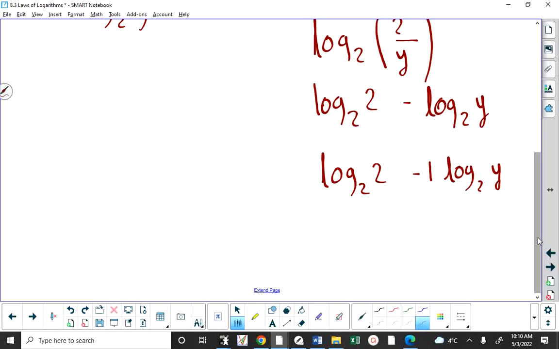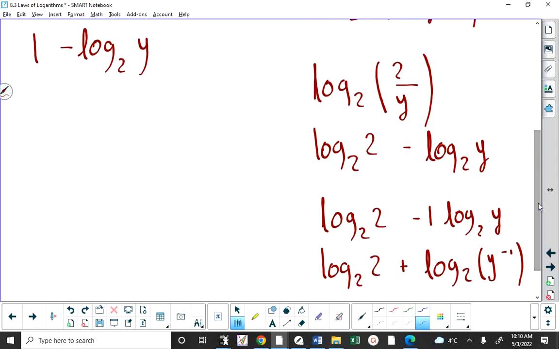I can move that negative 1 in front of that logarithm up and apply it as an exponent on the y, and write this as the sum of two logarithms. That would mean I could write that it simplifies to 1 plus log base 2 of 1 over y, because y to the negative 1 is 1 over y.